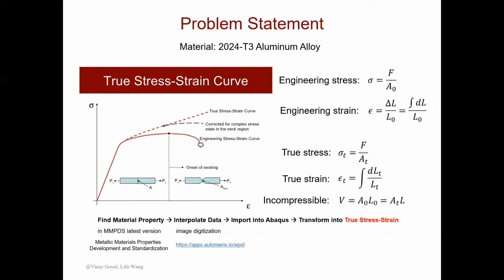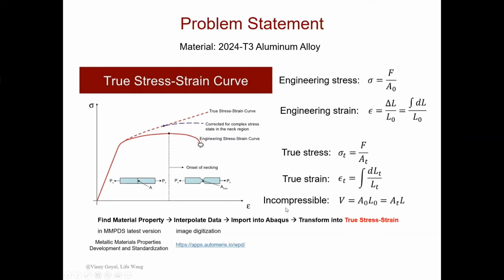But in reality, as this curve shows, because of the necking effect, you have a smaller applied area than your original area, which means the true stress inside your specimen should be way larger than the original one.